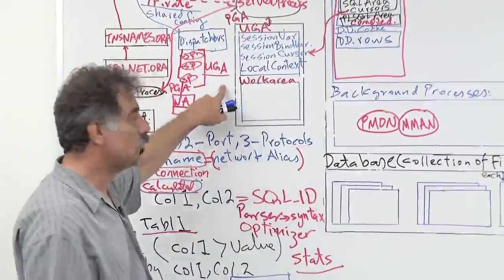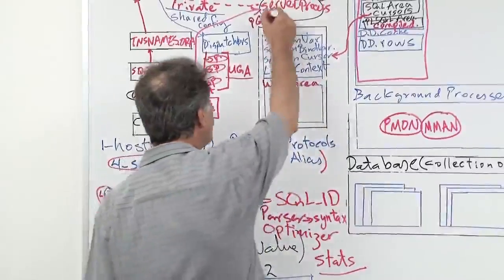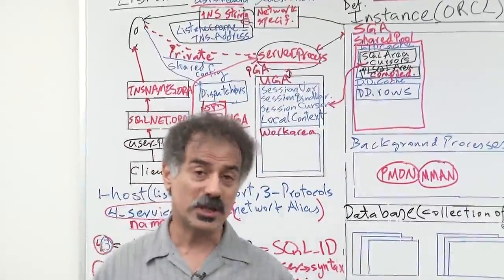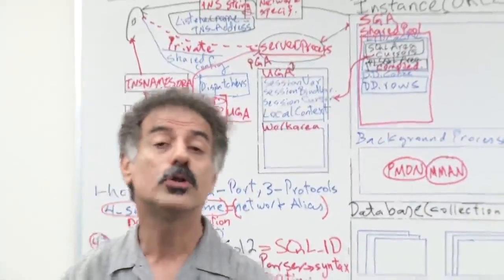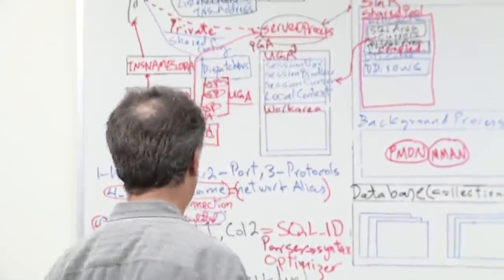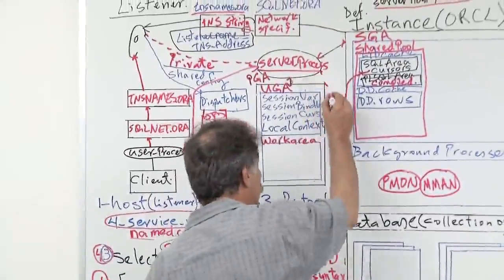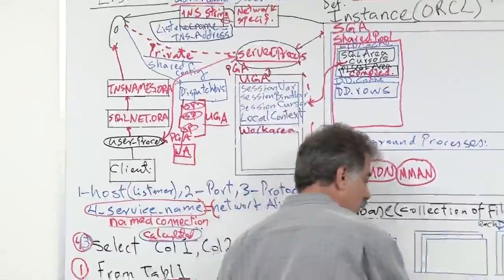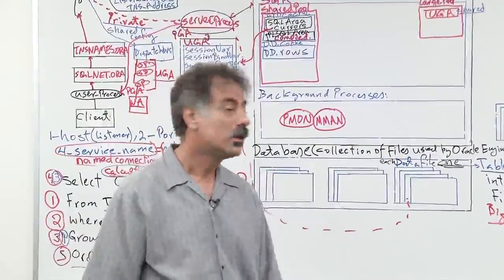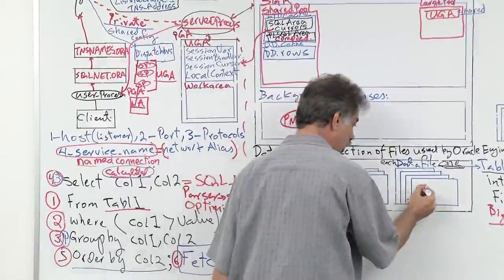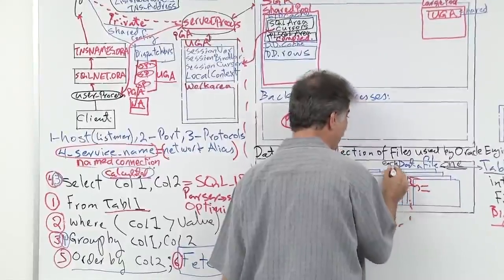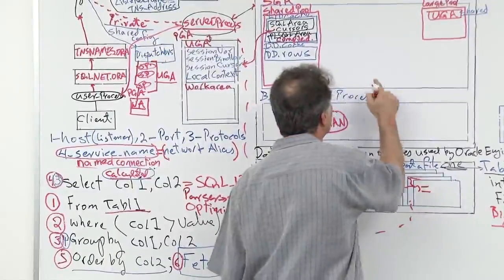Once the plan is given to my session, then the server process that we talked about, that is assigned to each session, and we said it performs all the work on behalf of the users, is going to go down here into the data files based on the execution plan, get the data from these files, no matter where they're located, and bring that data up.